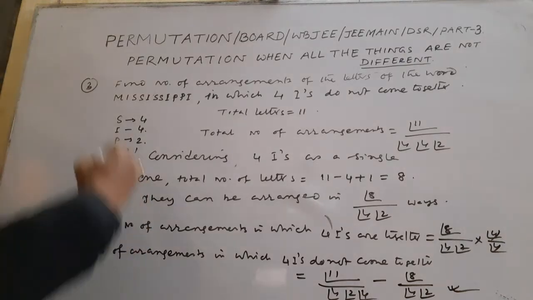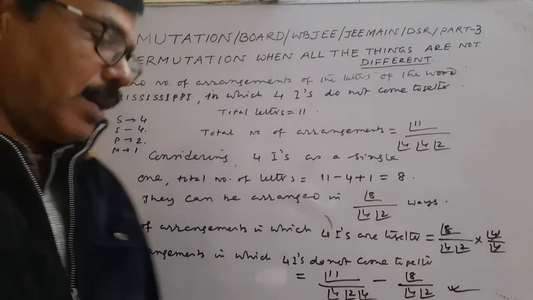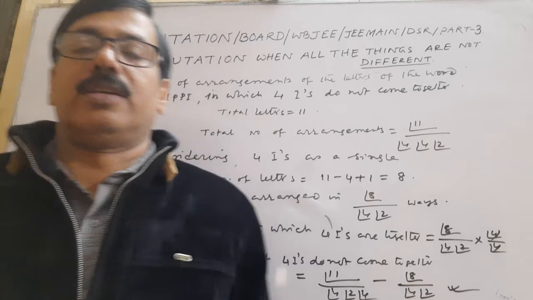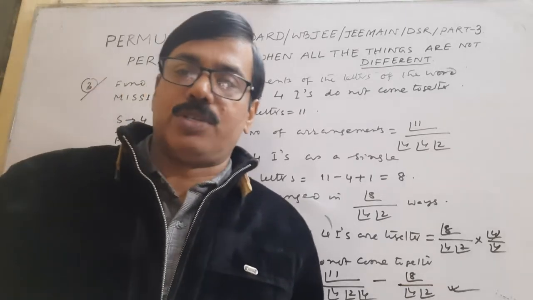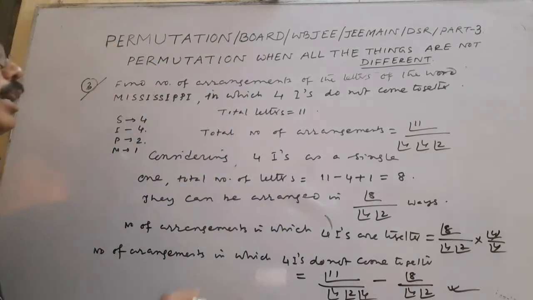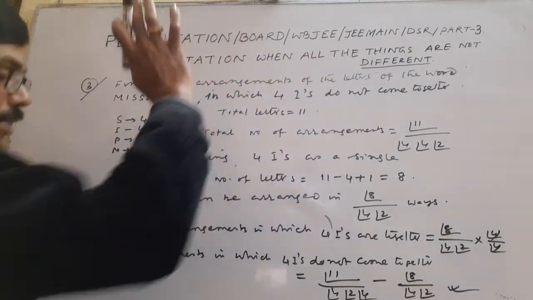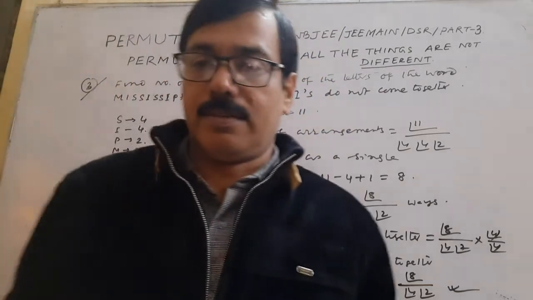So, expanding the factorials, you get the result. Same procedure, only here some letters are alike.